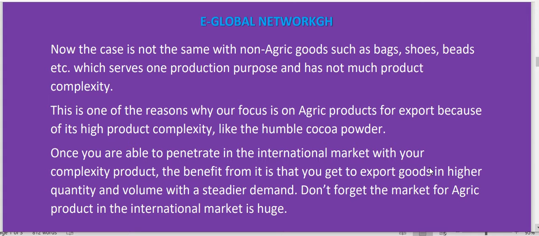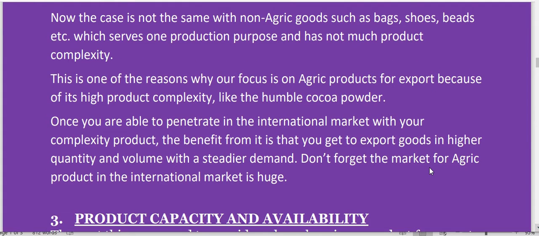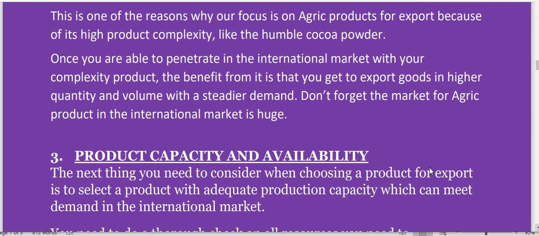That is one of the reasons why our focus is on agri products for export, because of their high product complexity, like the cocoa bean. A lot of agri products, just like cocoa beans, have high complexity rates.